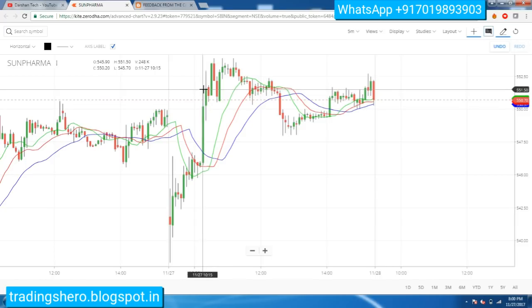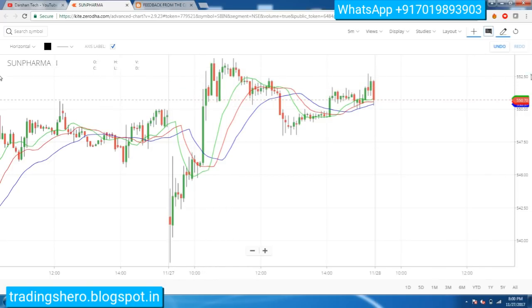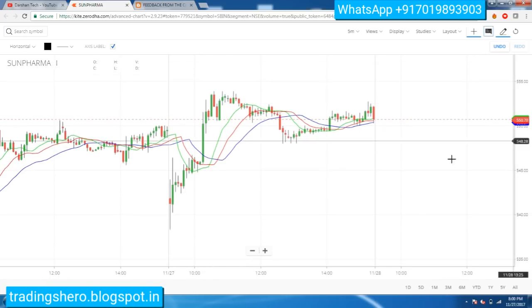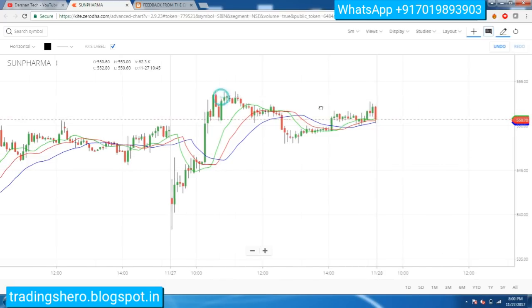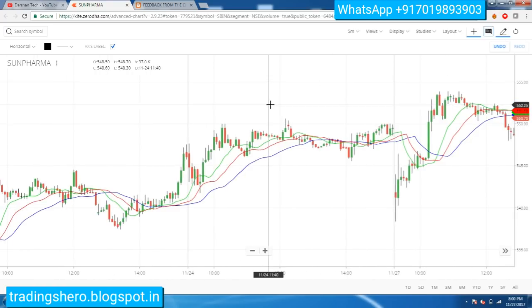If you had bought at 551.60 somewhere here, it went all the way till 553.85. That's how it is giving a movement. Once it broke our signal candle high, we are able to book 0.3% to 0.5% of the target, which is very safe and very quick too. You guys can backtest it for a few days, and if you feel it is good, then only use it in the real money market.